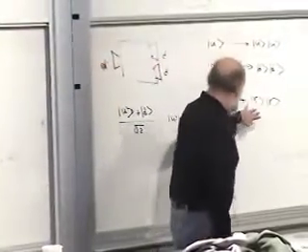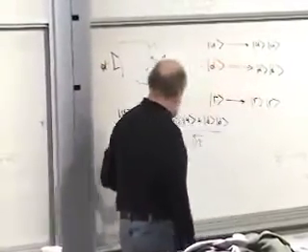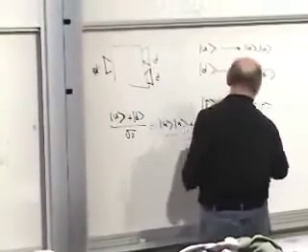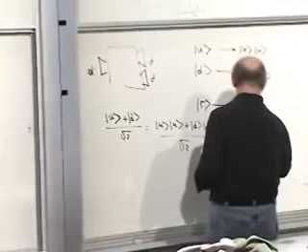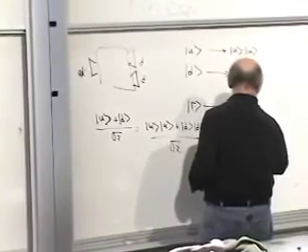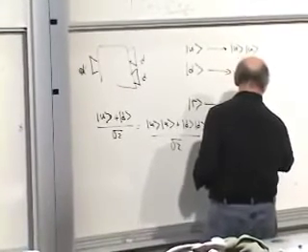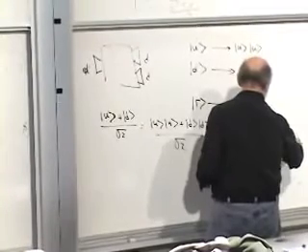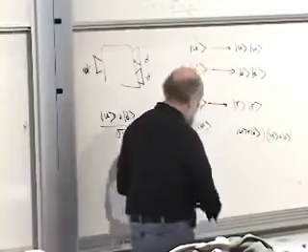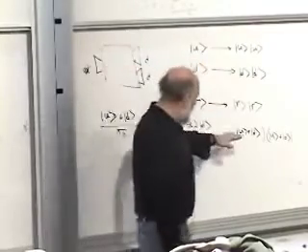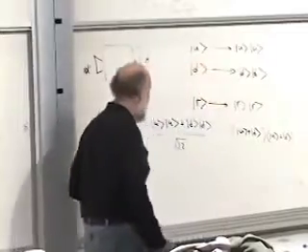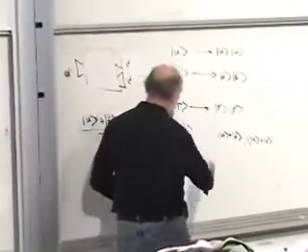But what is right, right? Let's see if it agrees. Right, right means up plus down for the first electron times up plus down for the second electron. I'm just juxtaposing them for the two electrons. The first factor corresponds to one electron, the second factor corresponds to the other electron, over square root of 2.